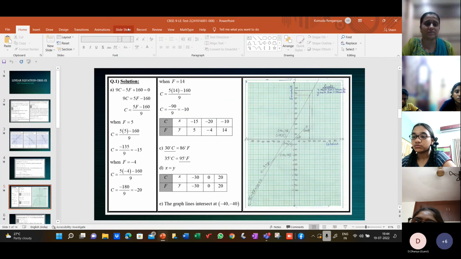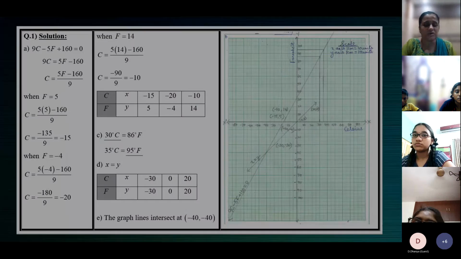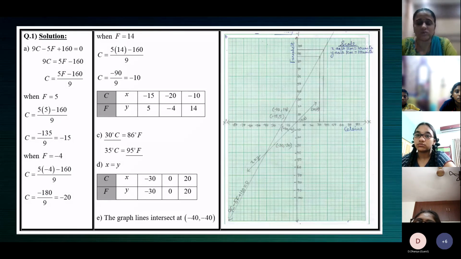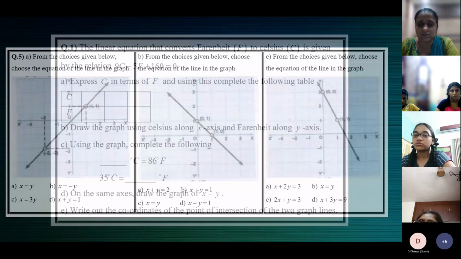Since graph making is time consuming, I just want you to do this at home so that you can do it at leisure. Otherwise, you'll have to hurry up in the class. It may not come out neat. That's why I'm giving you this as homework. So please, this is the question, children.